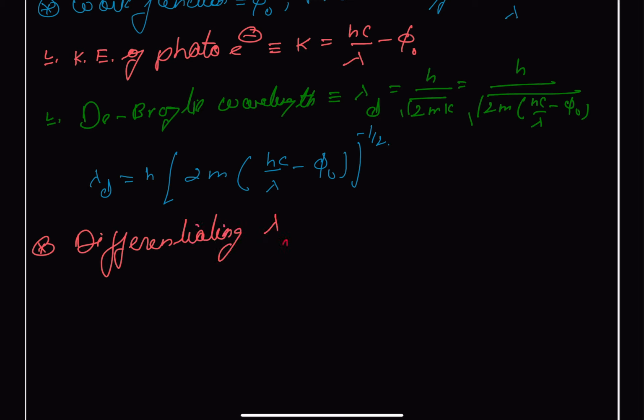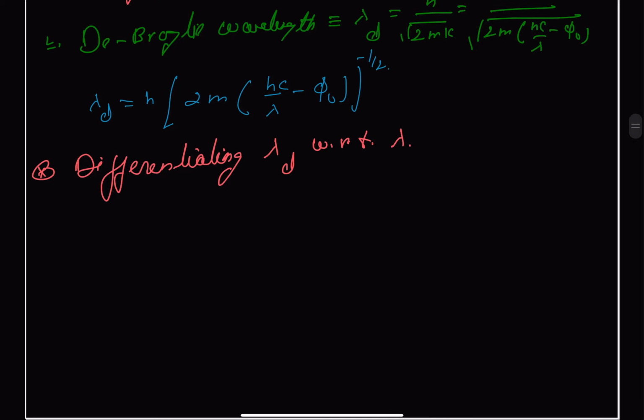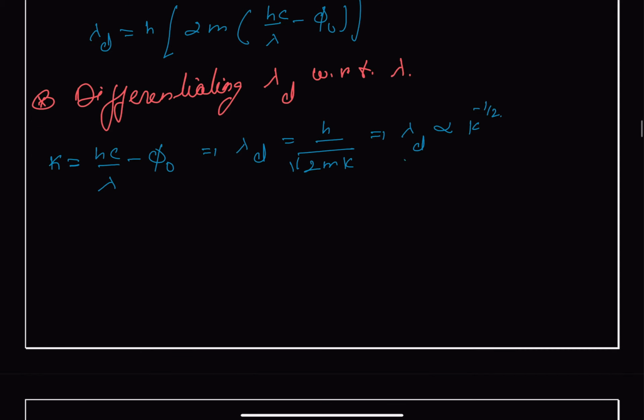For that, we rewrite that K was equal to hc upon lambda minus phi naught, and lambda d was equal to h upon the square root of 2mK. Therefore, lambda d is proportional to K raised to the power minus 1 by 2.